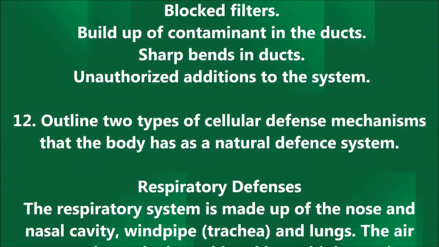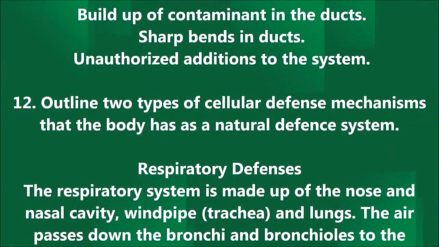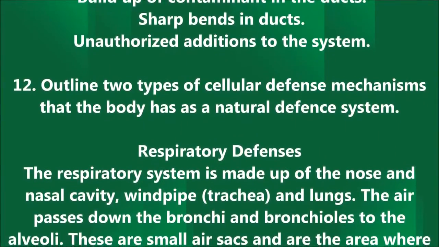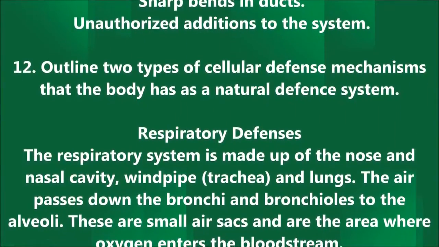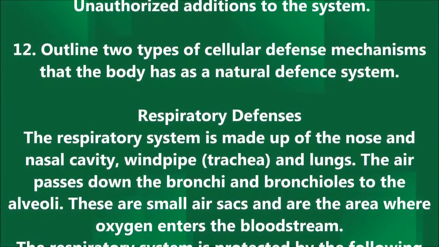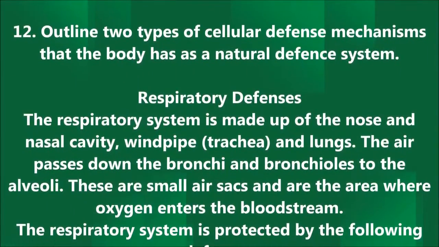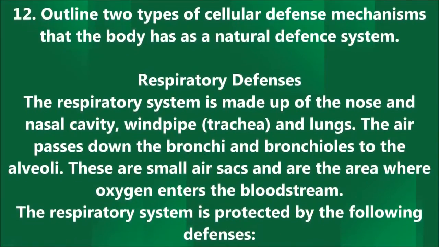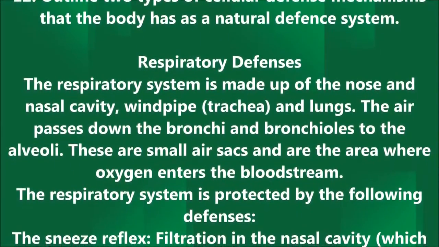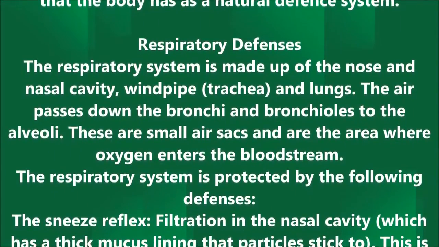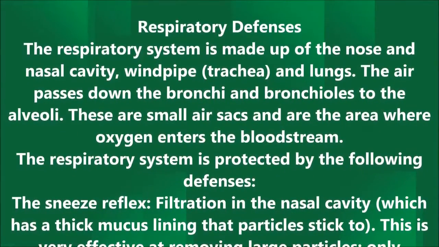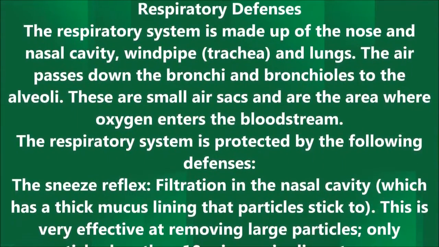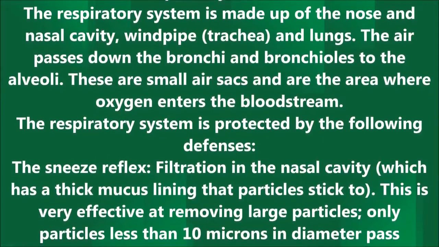These are small air sacs and are the area where oxygen enters the bloodstream. The respiratory system is protected by the following defenses. The sneeze reflex, filtration in the nasal cavity, which has a thick mucus lining that particles stick to. This is very effective at removing large particles. Only particles less than 10 microns in diameter pass through.